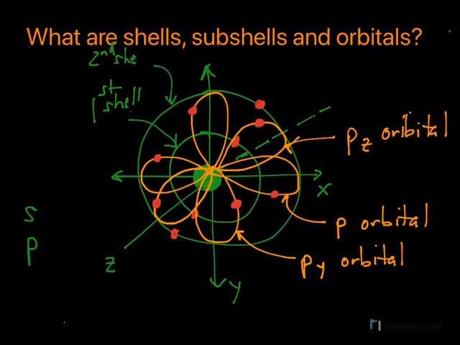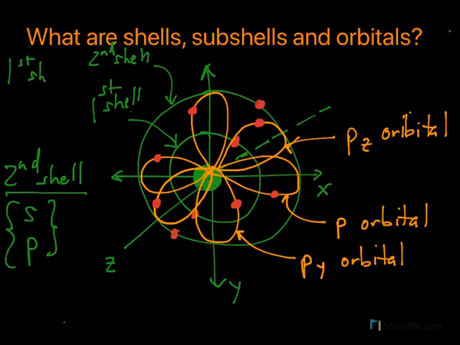So in the second shell, you can have 2 types of subshells, but the first shell can only have 1 type of subshell, which is the S. And again, just to reiterate, every single orbital can only have up to 2 electrons.